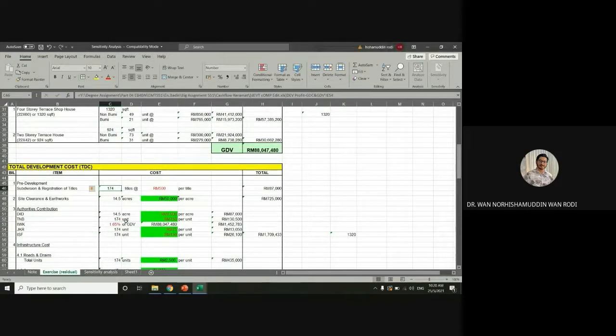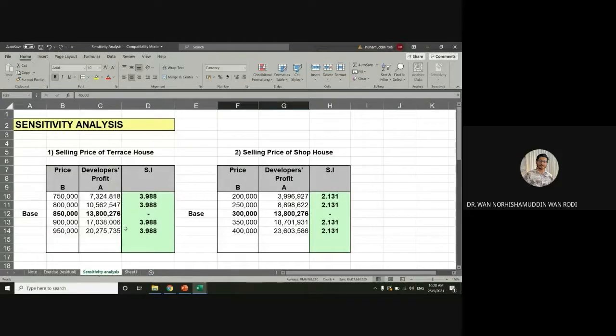Once you have identified the independent variables related to the dependent variable, you conduct the sensitivity analysis using Excel.